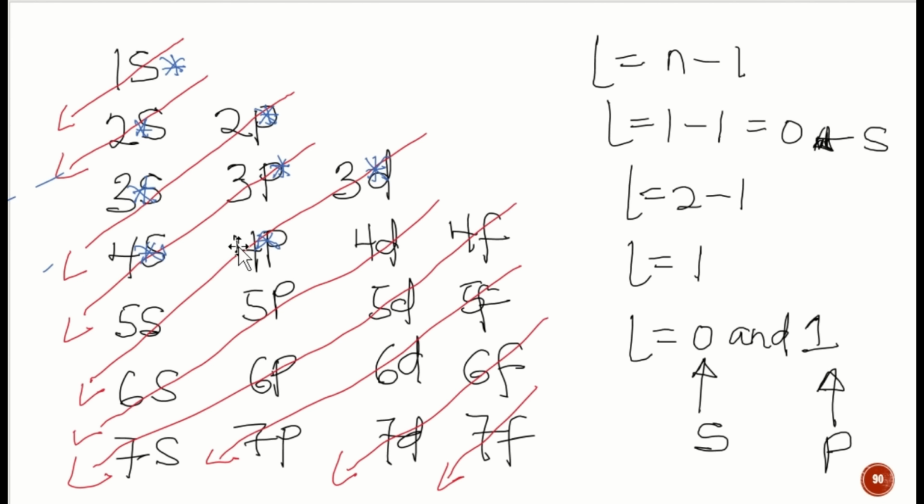Now we are saying that the maximum orbitals we are going to look at is from the S, P, D, and F. So from the 4th energy level to the 7th energy level, we will end our orbitals on the F. So this becomes 5s, 5p, 5d, 5f, 6s, 6p, 6d, 6f, 7s, 7p, 7d, and 7f.